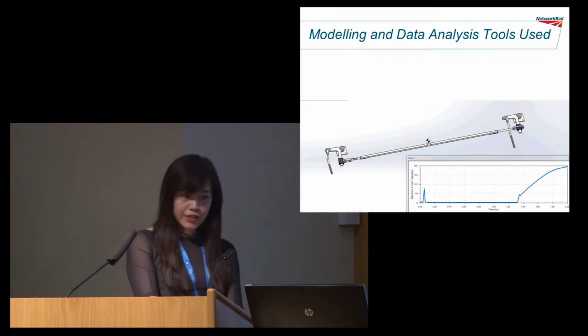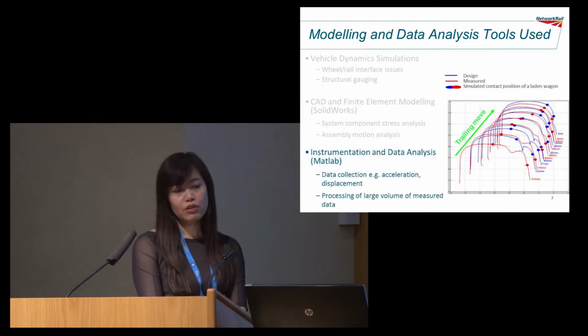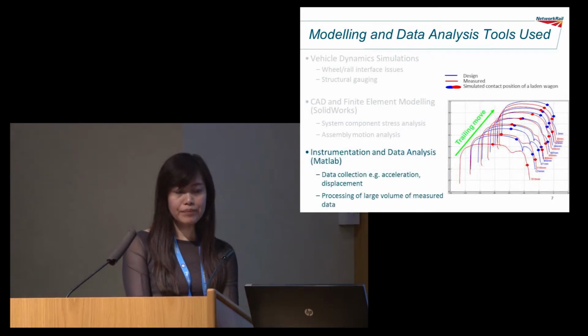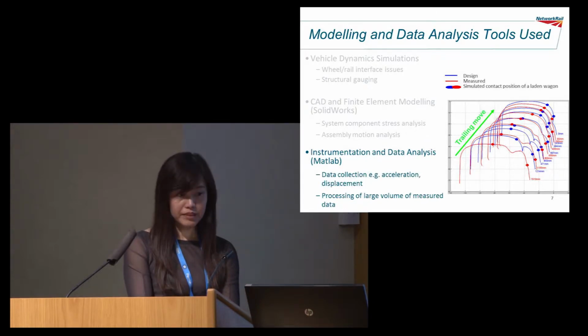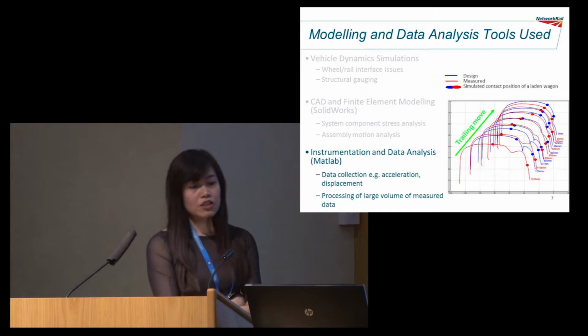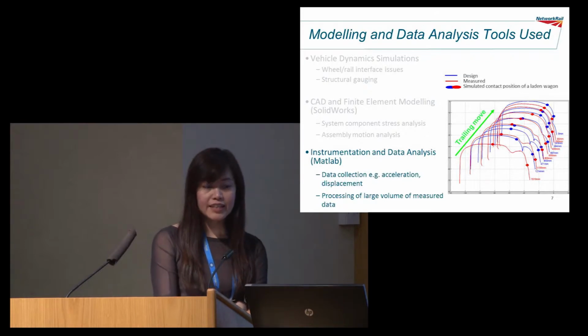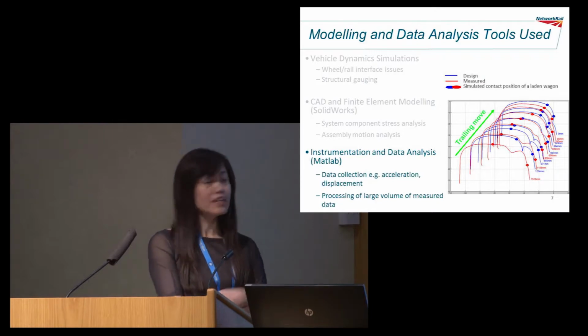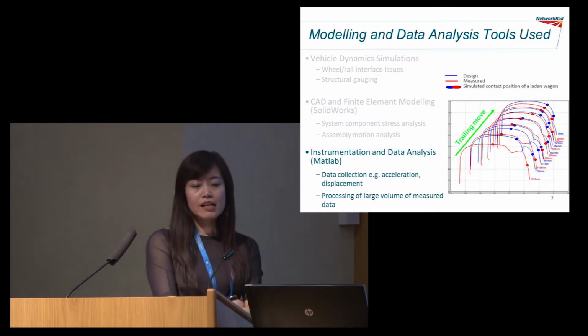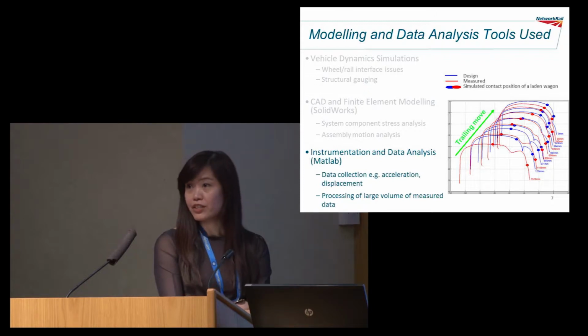The third software package that I use a lot is MATLAB. It's like a high-level programming and data analysis package. I use it for collecting data, plotting graphs, and processing large volumes of measured data. The graph there shows rail profiles that I measured on track.